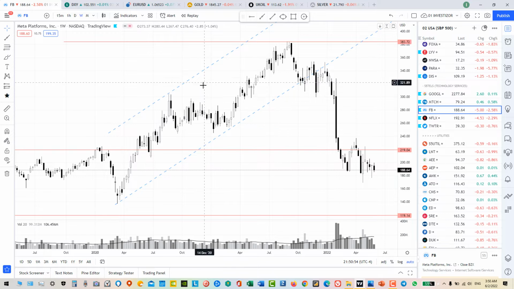It just failed to reach the channel line, reflected from the monthly support, monthly resistance, and broke through the uptrend weekly trend line and tested it from the opposite side, then reflected.